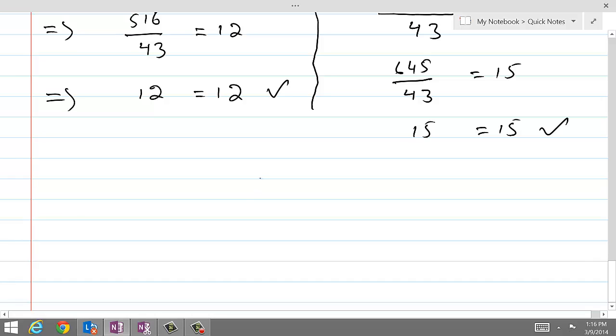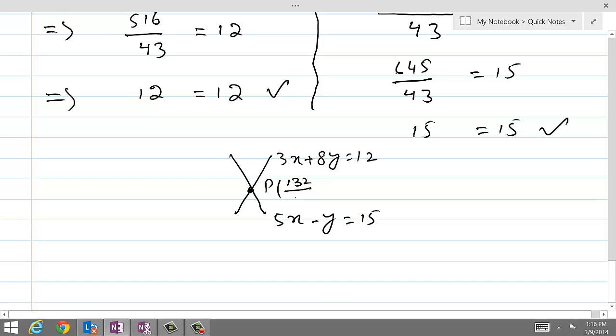Therefore, both of these straight lines, one is 3x plus 8y equal to 12, and the other line 5x minus y equal to 15, both meet in a point P which has coordinates 132 over 43 and 15 over 43.